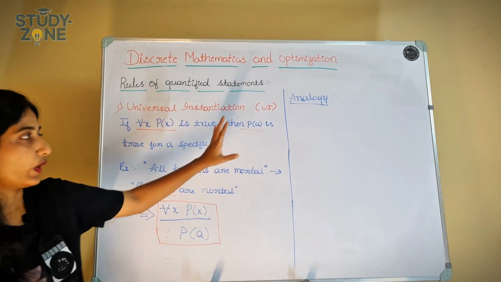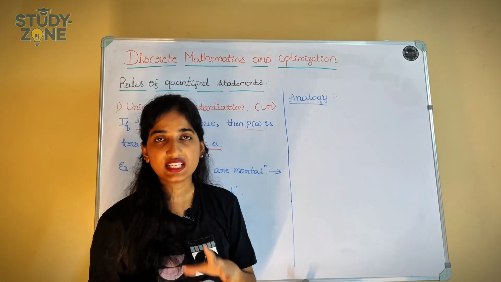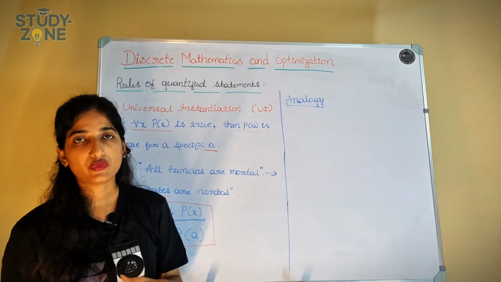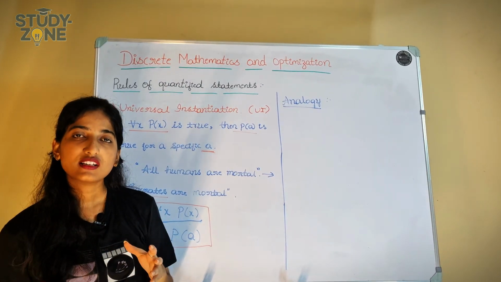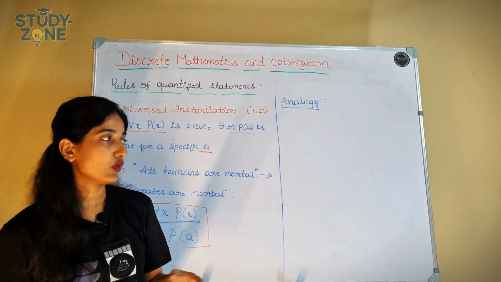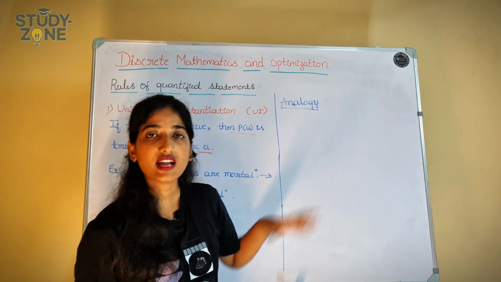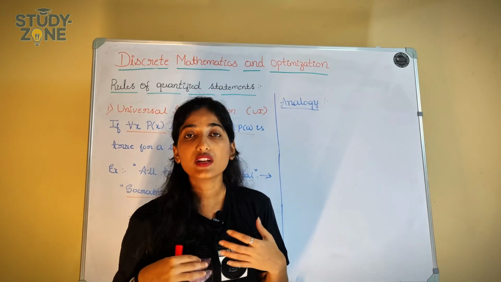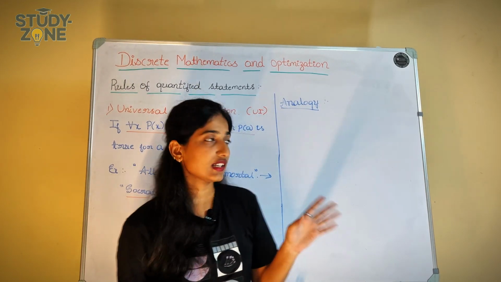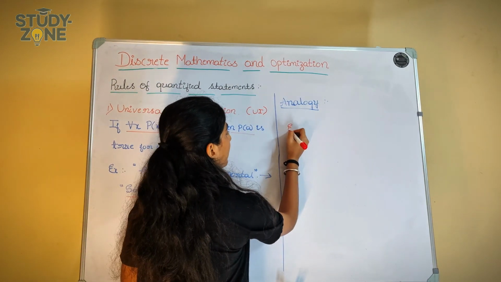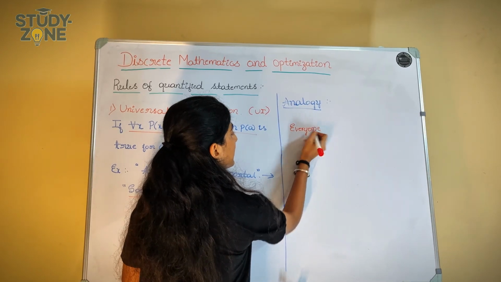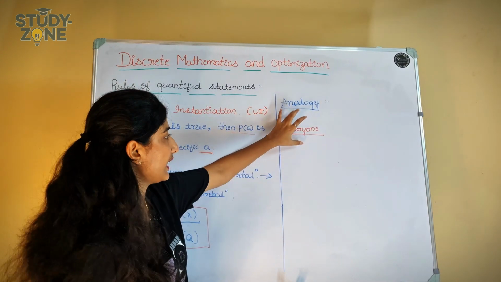Let us take one daily life example to understand it clearly. Let us take the rules of a classroom. Here a teacher says that tomorrow everyone should submit their homework. Now John comes and asks the teacher, ma'am, should I also submit the homework? Then the answer is yes, because the teacher said everyone should submit their homework, right? Everyone means each and every member in the class.